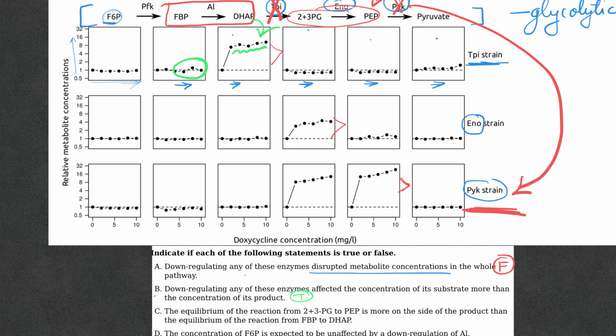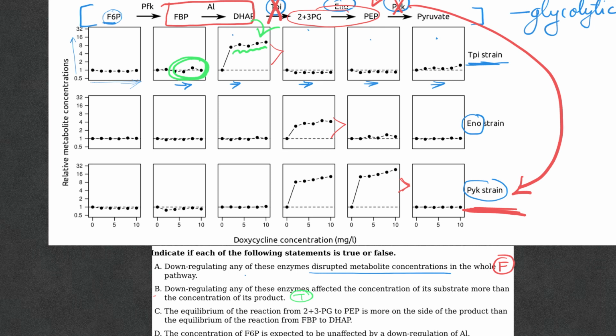Okay, in the case of FBP to DHAP, when you have knocked out the TPI, it resulted in the increase in DHAP concentration, but it did not produce a distortion in the FBP concentration, which means that the reaction equilibrium favors the production of DHAP.